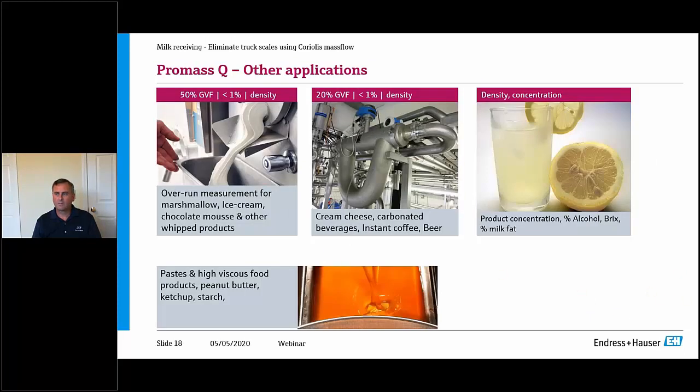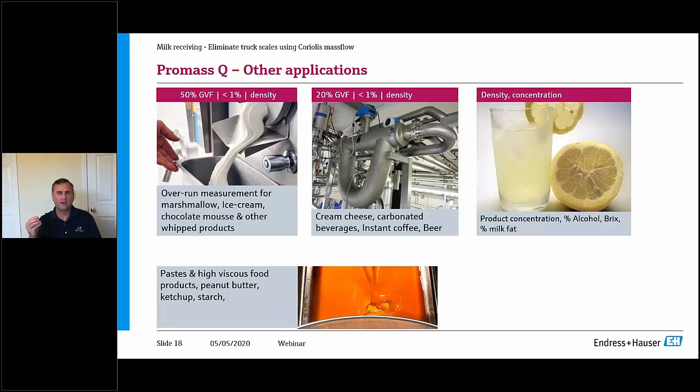And I've talked quite a bit about the capability of a ProMass Q. These are other things that you'll see if you click the link and go to the website. This multi-frequency technology that we're applying on the ProMass Q allows us to do things that were previously unheard of using Coriolis mass flow meters.